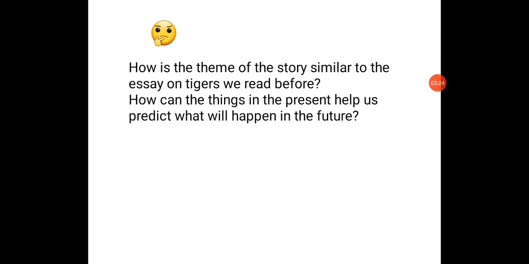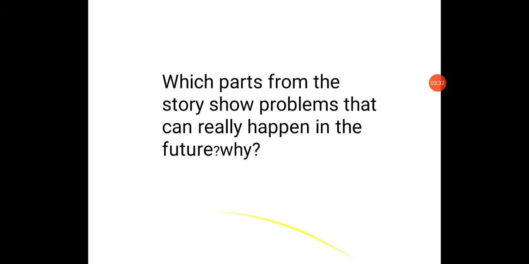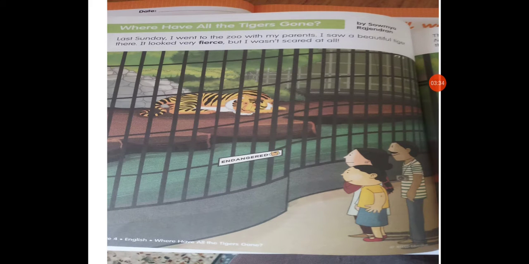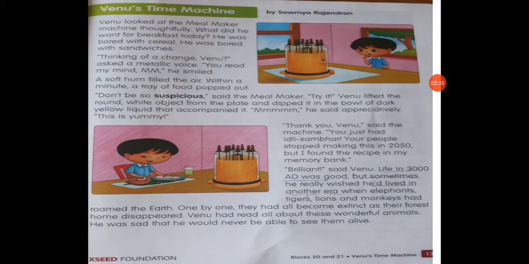Now, how is the theme of the story similar to the essay on tigers we read before? तो इसका थीम कैसे सिमिलर है, देखिए. Now this is the essay, Where Have All the Tigers Gone, and this is the Venus Time Travel Machine. So both the stories predict the future. इसमें फ्यूचर में बोला है कि जो एनिमल्स हैं वो एक्सटिंक्ट हो गए हैं और फ्यूचर में हम एनिमल्स को नहीं देख पाएंगे.